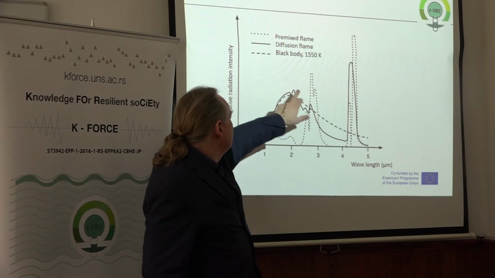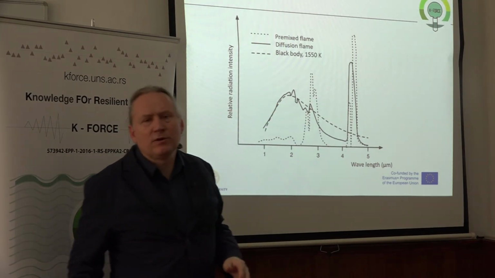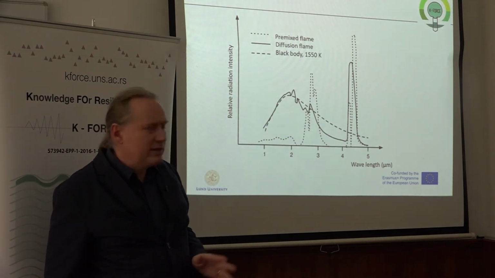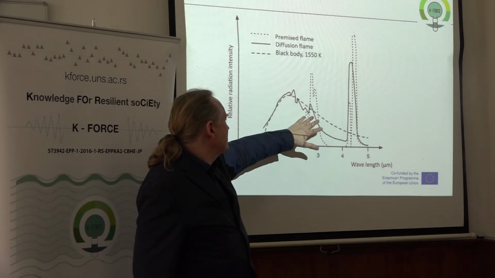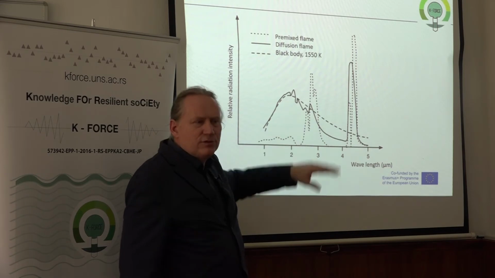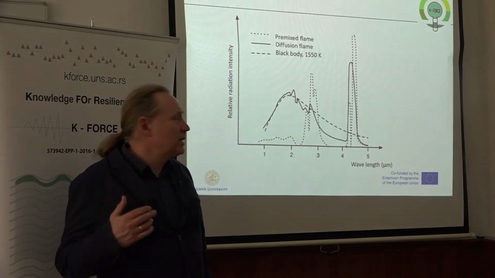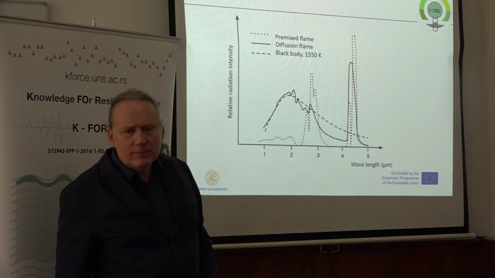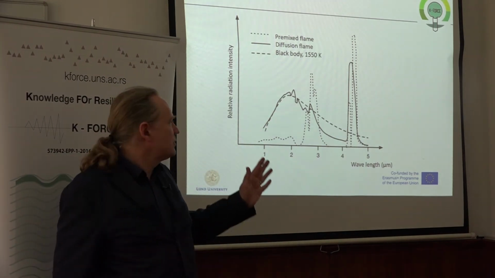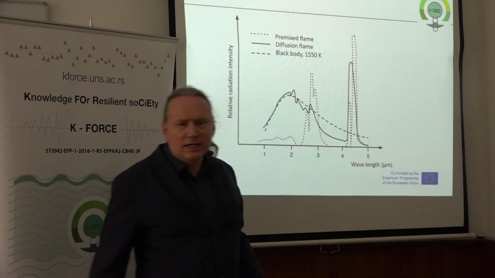This line here is the black body radiation. In some way it dampens it and makes it more difficult to see some of the infrared radiation, except if you go to the longer wavelengths for CO2, which has a clear marker here.